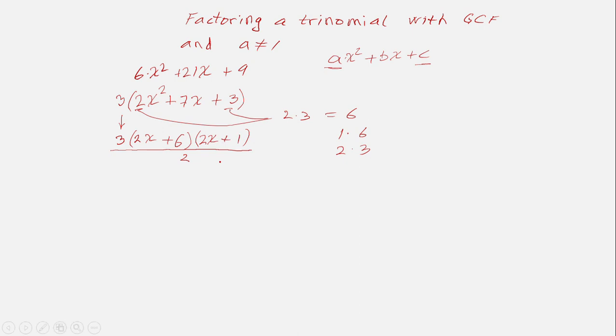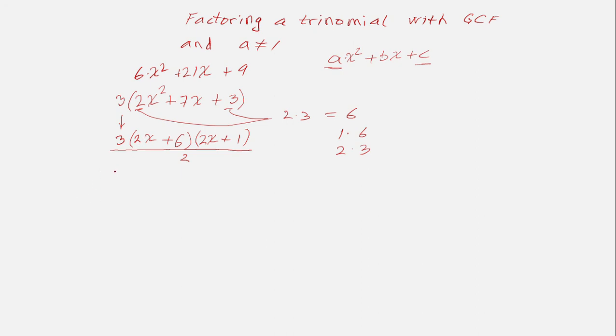Now, if we look at these two sets of parentheses, these two terms, 2x and plus 1, they don't have anything in common. But here, 2x plus 6, they actually have 2 in common, and that's what we need to happen, because that's going to divide this 2 out. So let's factor that 2 out.